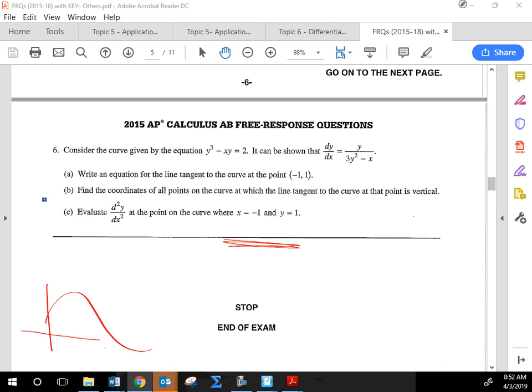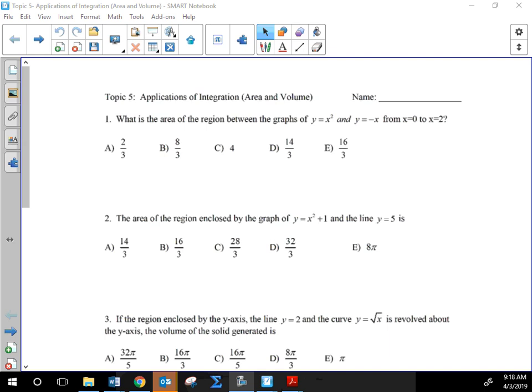So the first 2 problems are always calculator. So if it's a 1 or a 2, it's a calculator. After that, no. All right, let's go ahead and take a look at our particle motion first.